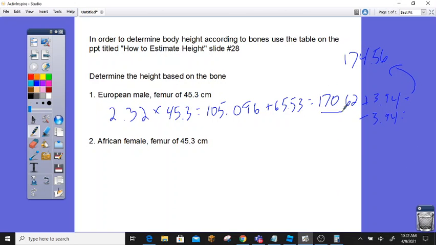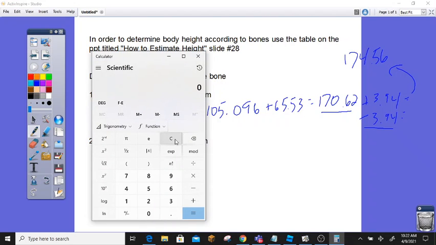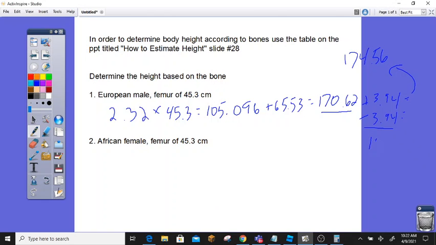And I'm going to use this again, but this time I'm going to subtract. 170.62 minus 3.94. And there we go.